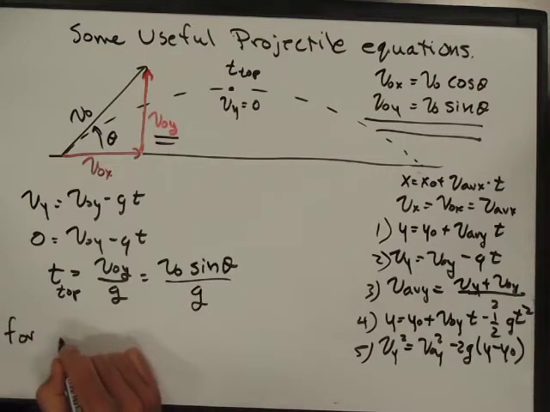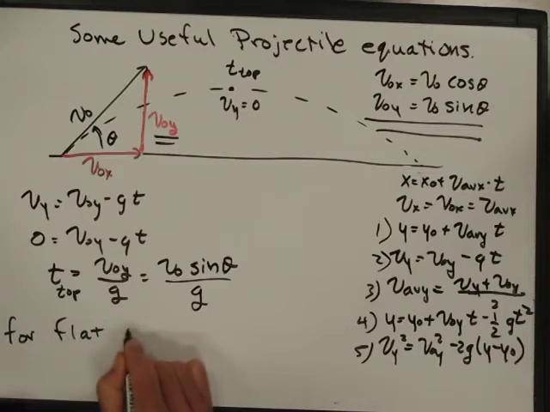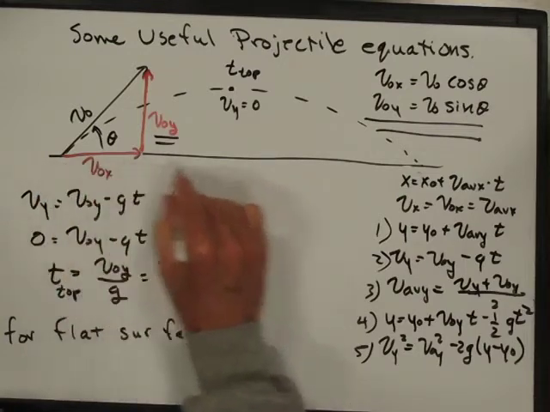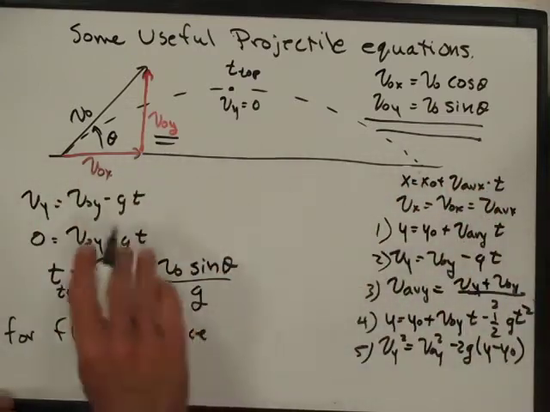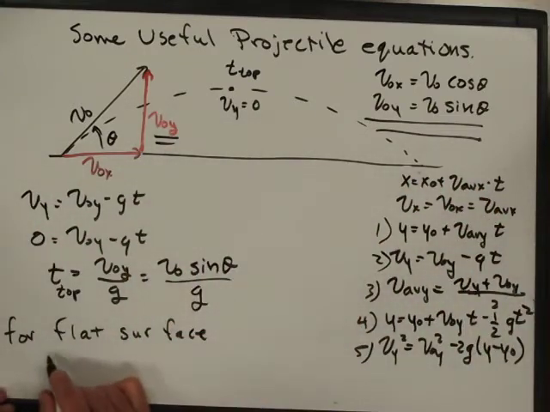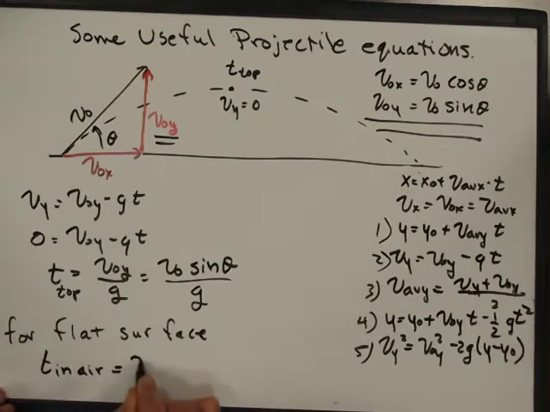For a flat surface, that is to say, if you're just on a football field or on a plane of some kind, rather than up or down a hill, then you can calculate the time in air. That's just equal to twice the time to the top.